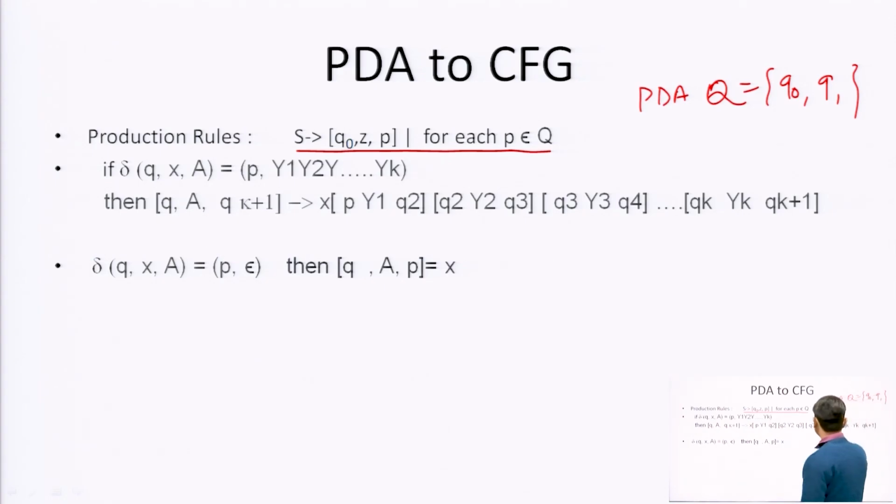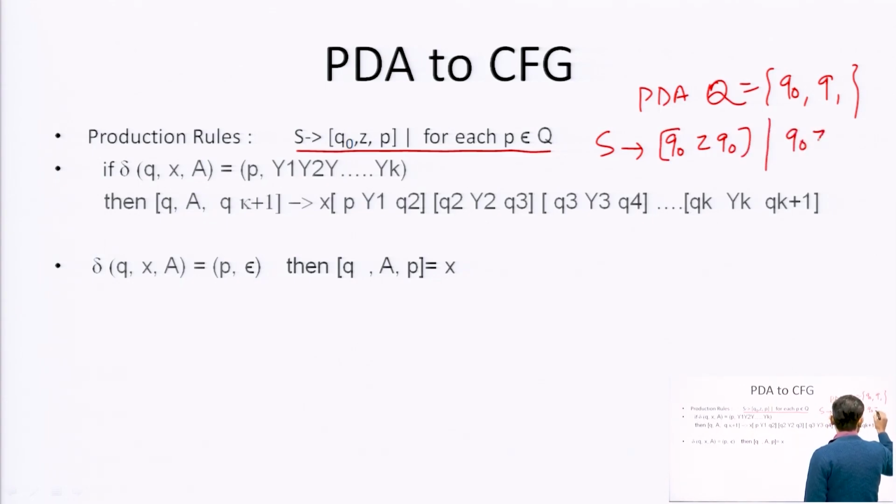S is the starting symbol, so S derives [Q0 Z p]. Z is the stack bottom in the pushdown automaton. So here S derives [Q0 Z Q0], and another production, S derives [Q0 Z Q1].